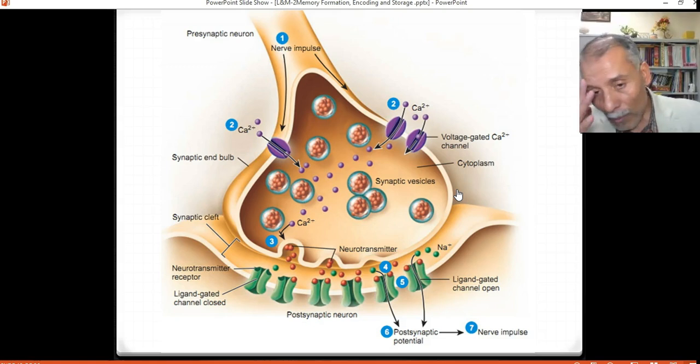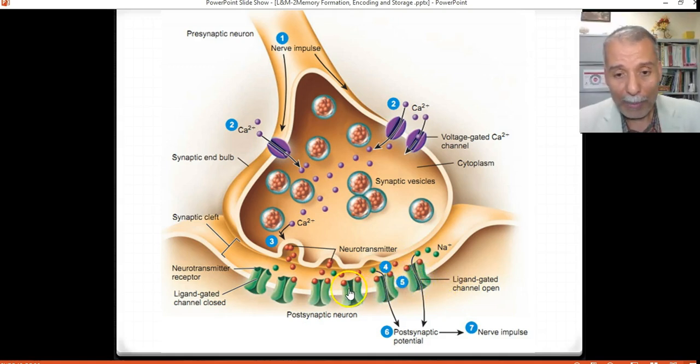Or it can be degraded and recycled or reassembled in many cases. So the number of receptor channels determines the efficiency of a signal. The number of vesicles and the amount of neurotransmitter that the sending neuron has also determines the efficiency of the signal.